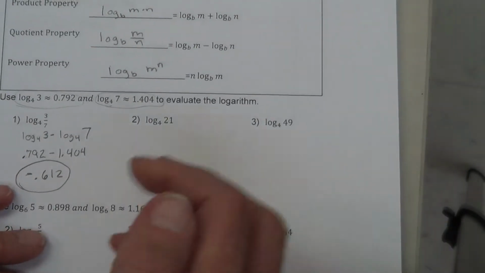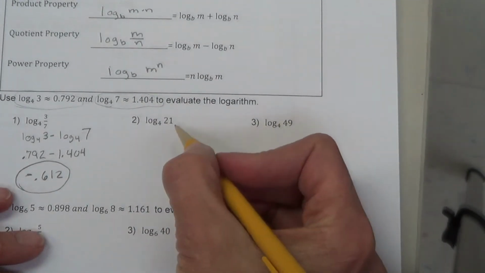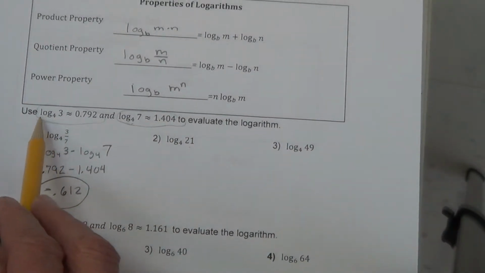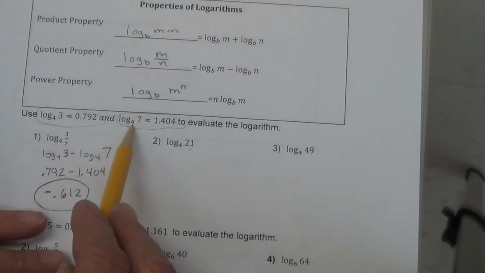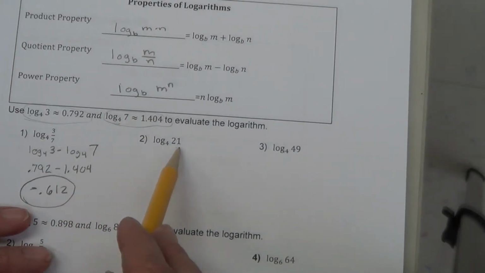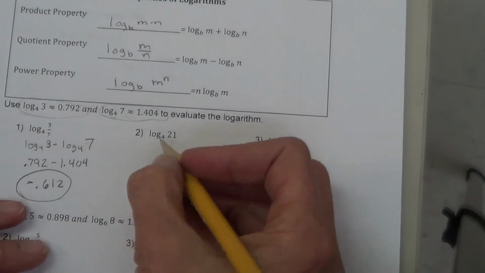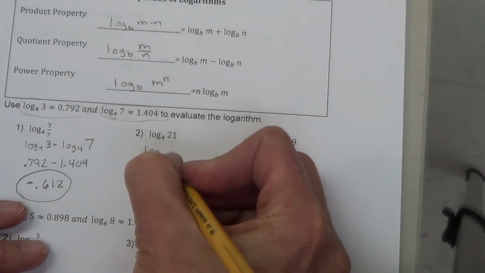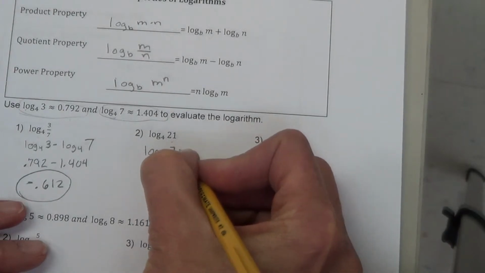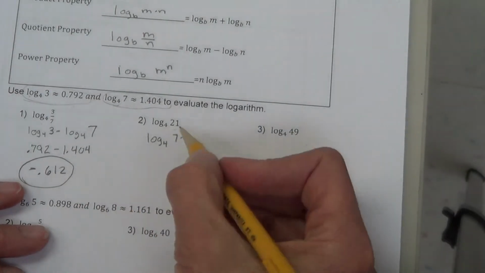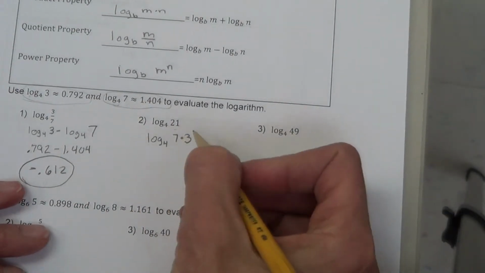Next problem. Well, I know that I was given the value for log base 4 of 3 and the value for log base 4 of 7. So log base 4 of 21, I could rewrite as log base 4 of 7 times 3. Now I can expand that because I know what the times is, I add.